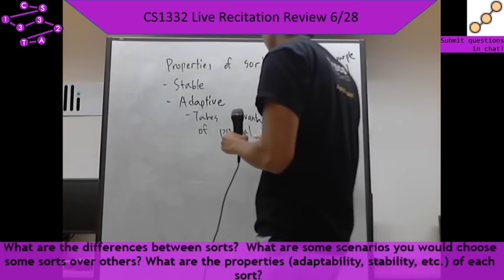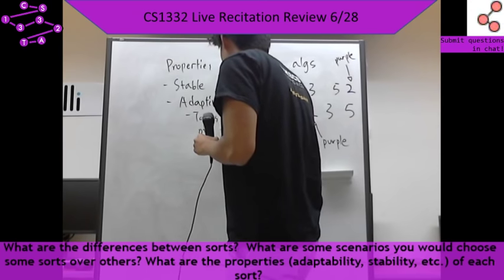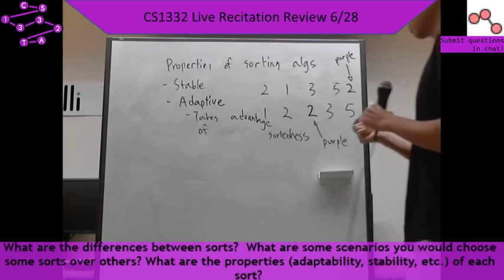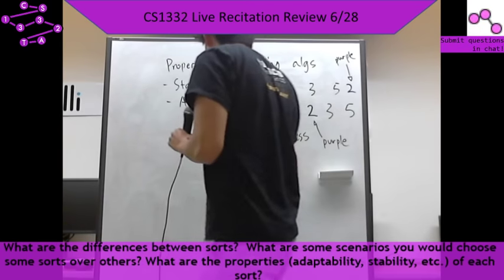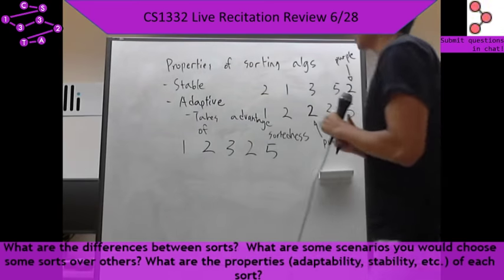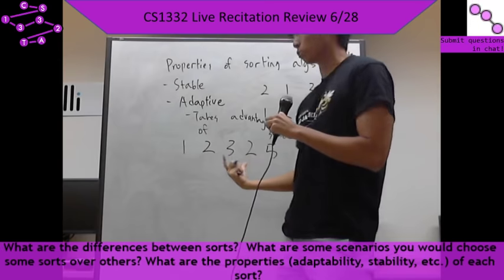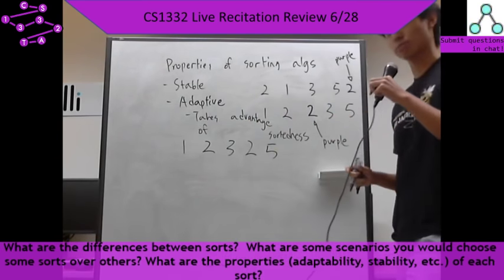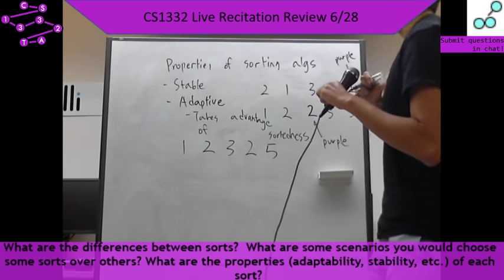Actually, it doesn't have to be partial. So for example, if I have an array like this, you see that this array is not completely sorted, but it is already partially sorted. So 1, 2, 3, 2, 5, and only 2 is out of place. An adaptive algorithm can take advantage of that and terminate early.